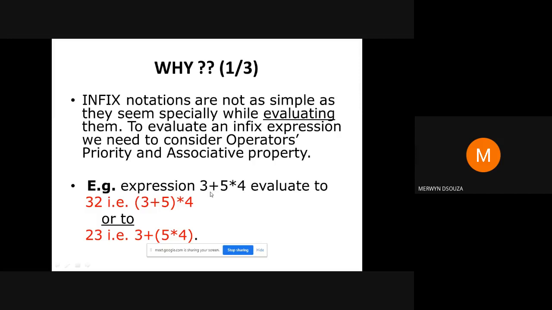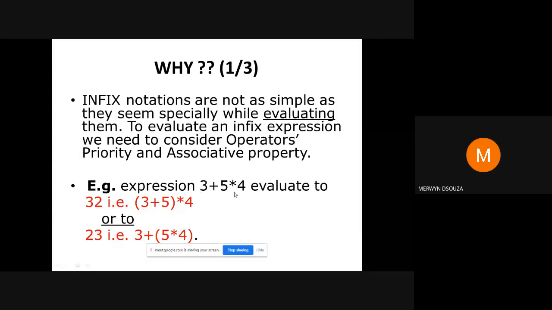Suppose I would give it to you in the chat and tell you to solve. Some of you may put brackets here and solve it like this, and you will get the answer 32. Some of you may say no, multiply has higher priority, so I'll solve this first: 5 into 4, 20, 20 plus 3, answer is 23.